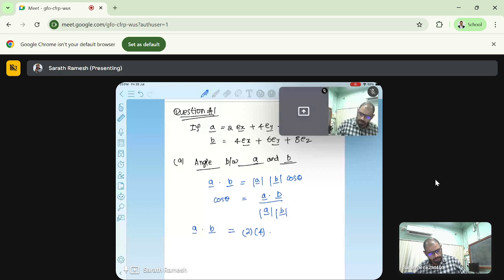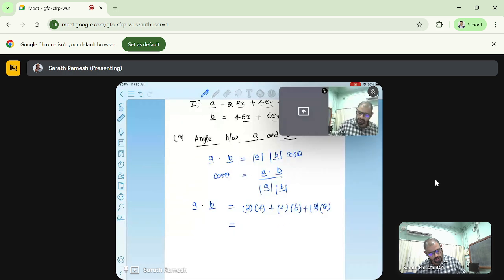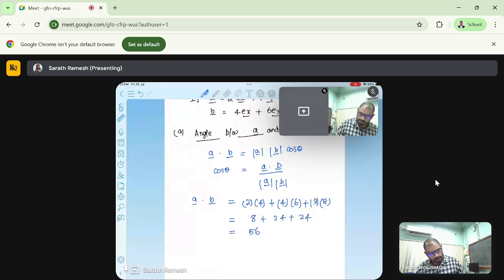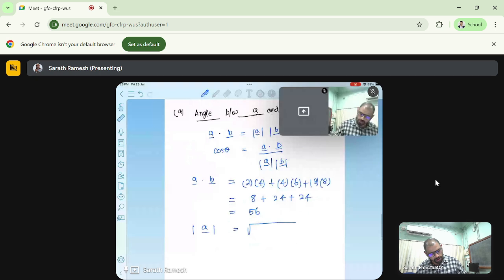This is 8 plus 24 plus 24, so 48 plus 8, 56. Now what is the modulus of A? Modulus of A is root of 2 square plus 4 square plus 3 square, which is 4 plus 16 plus 9, 29, so root 29.